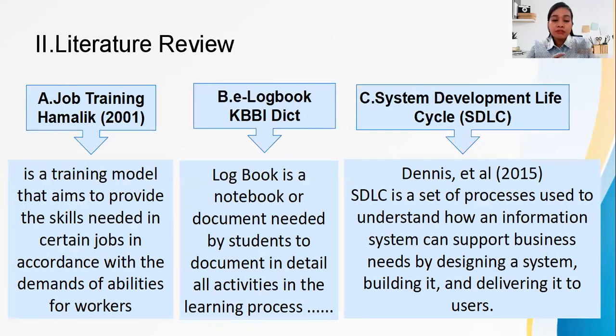For the literature review, there are six theories used in this paper. The first is job training from Hamalik 2001, the second is logbook, from the KBBI Dictionary, and the third is the system development life cycle, or SDLC, from Dennis et al. 2015.